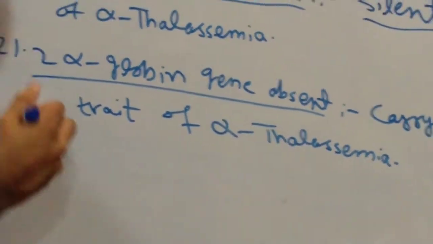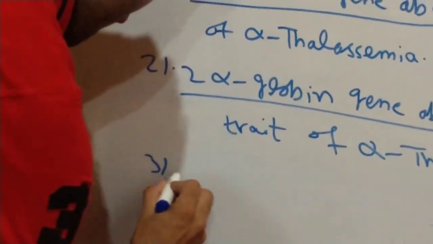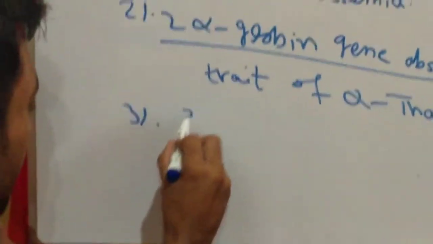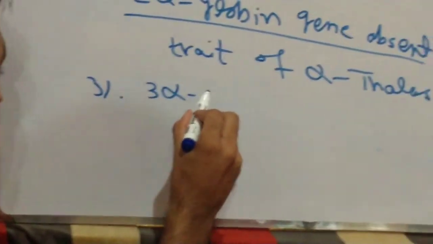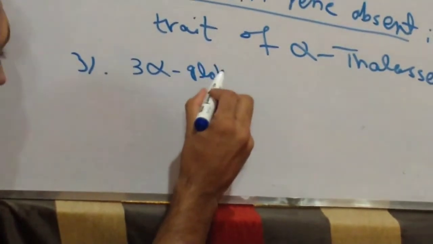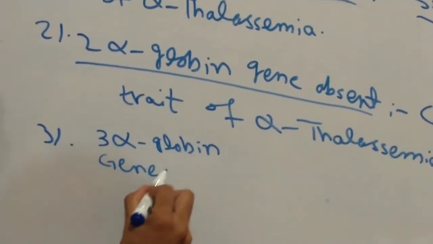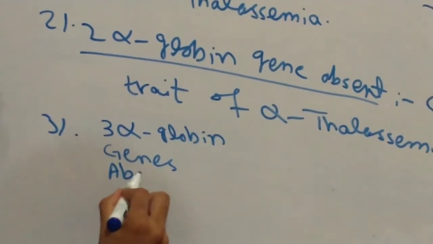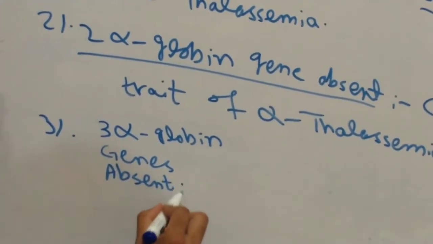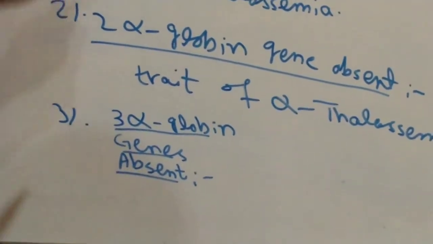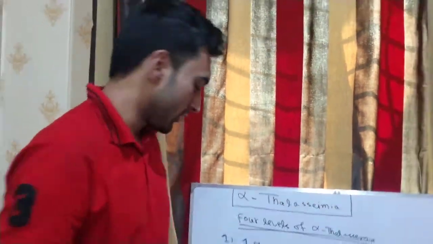Now talking about the third level, if three alpha globin genes are absent, it would mean that the baby would be carrying the disease known as the hemoglobin H beta 4 disease.